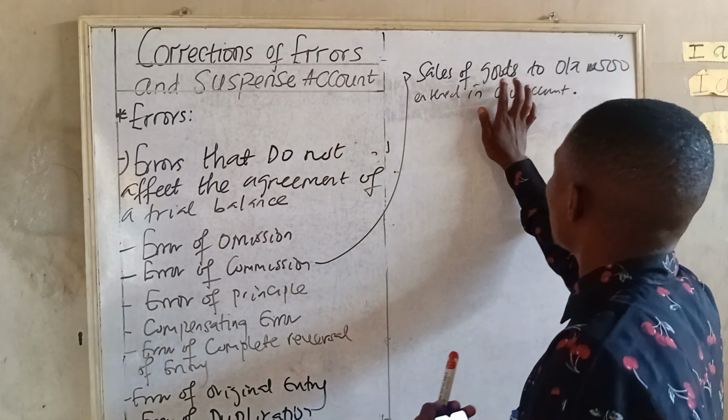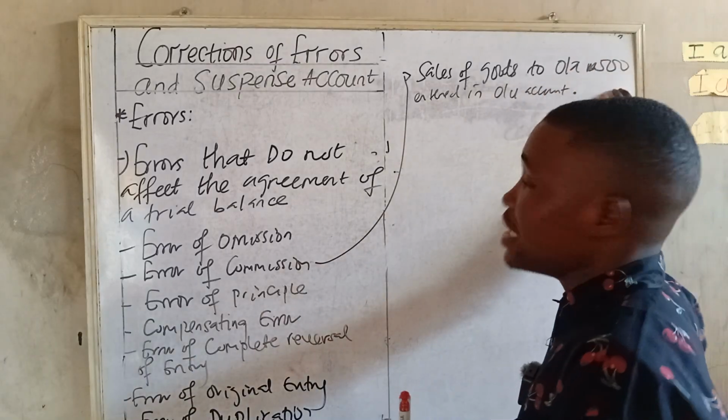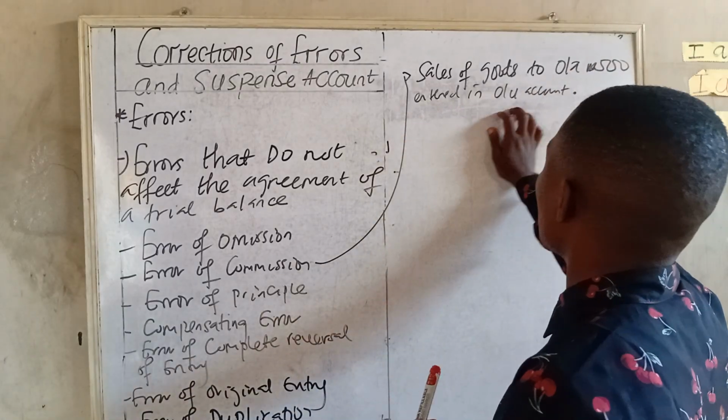So sales of goods to Ola, 500 naira, entered in Olu's account.